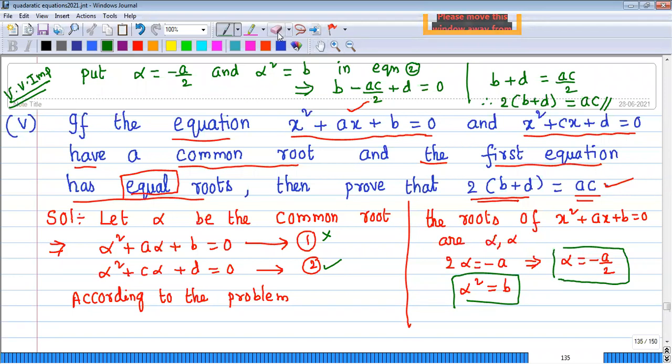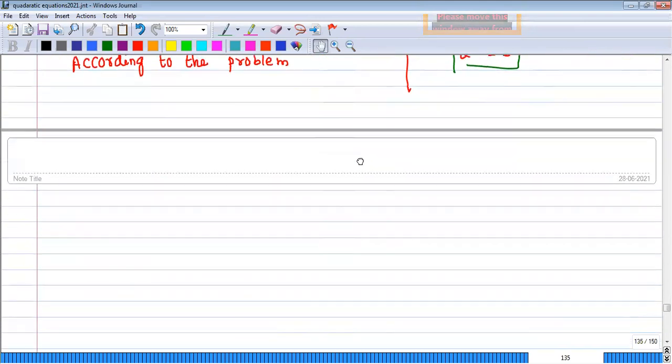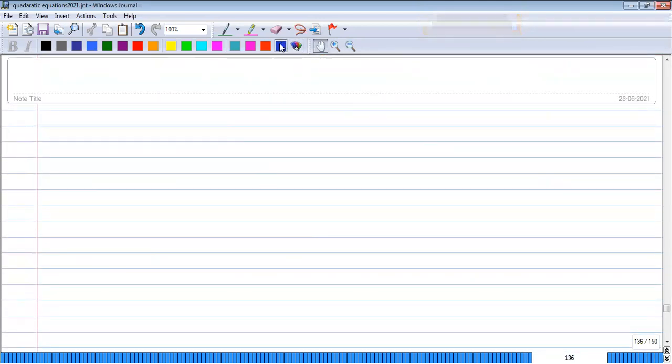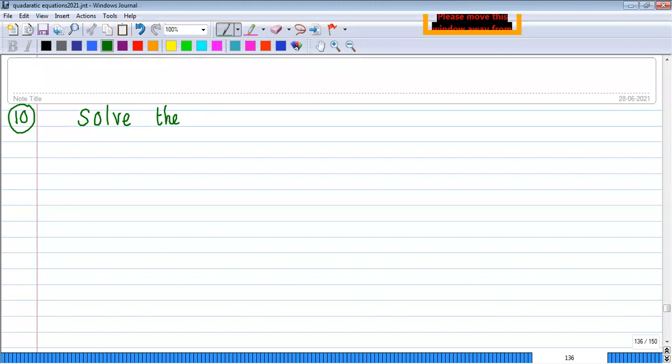Right. So let us move to the next question. That is the 10th question. Solve the following equations.